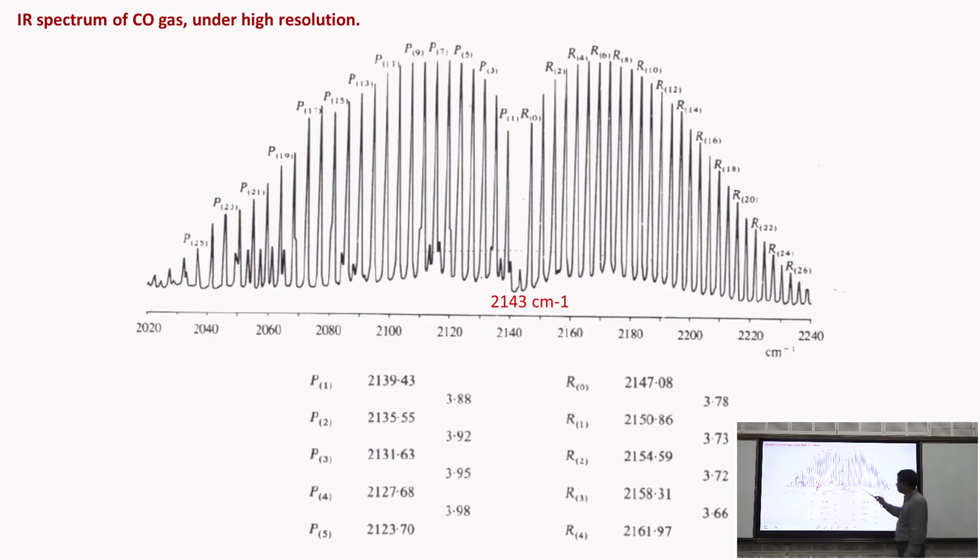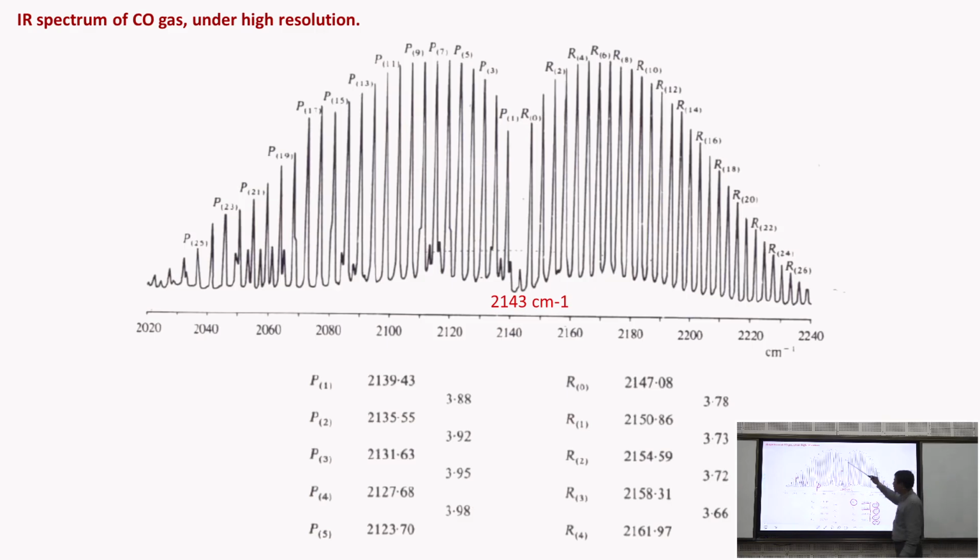Again the problem is the R branch. In the R branch, let us see. R0 appears here, R1 appears here. The difference between R0 and R1 is 3.78. The difference between R1 and R2 is not 3.78, it is 3.73. The difference between these two is again decreasing, again decreasing. So on this side it is decreasing.